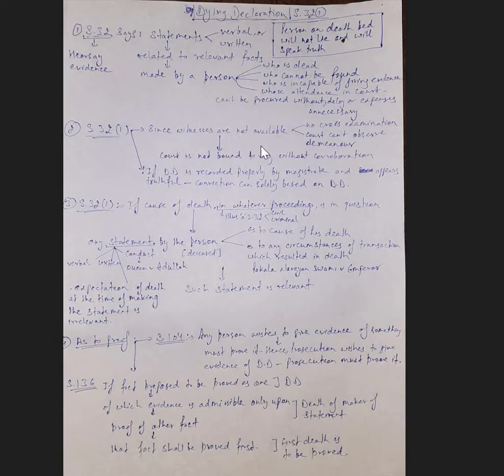So because such things are not happening, court is not bound to rely without corroboration. But if the dying declaration is recorded properly by a magistrate or even by a doctor and appears truthful, conviction can solely be based on the dying declaration.